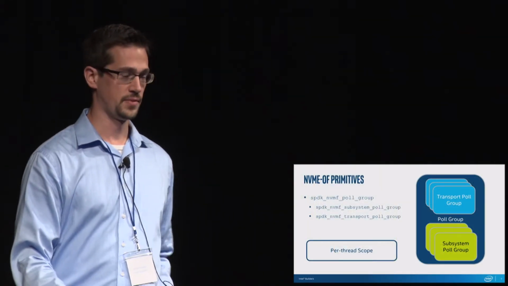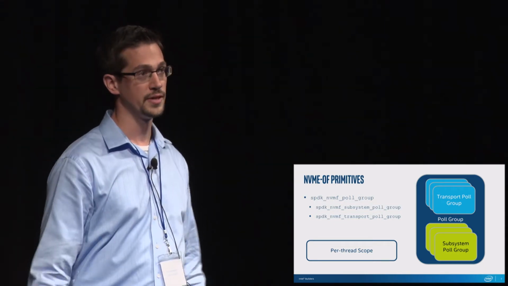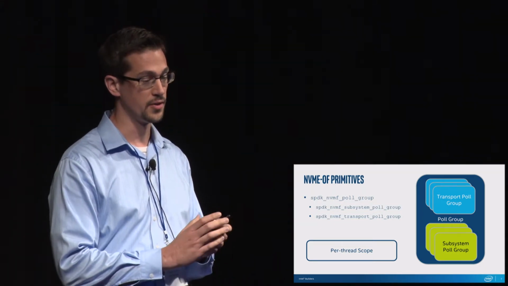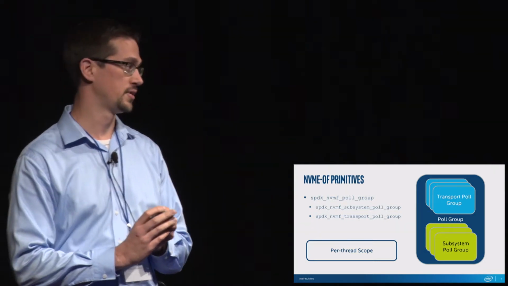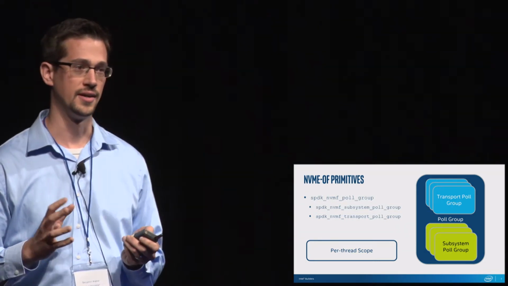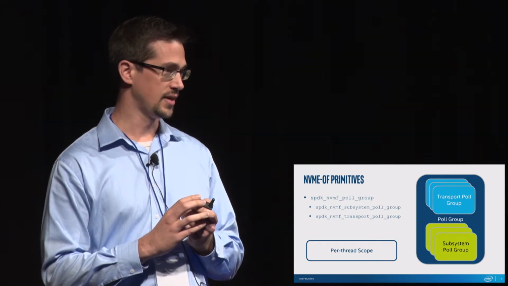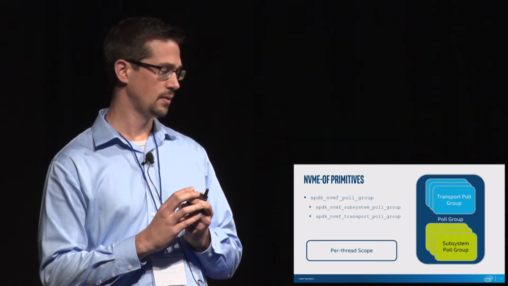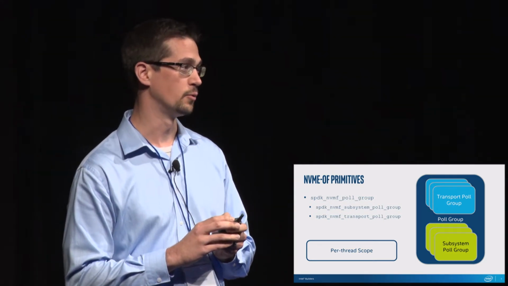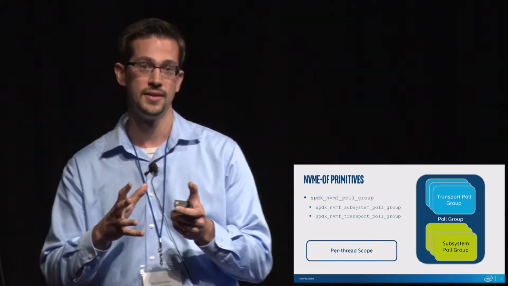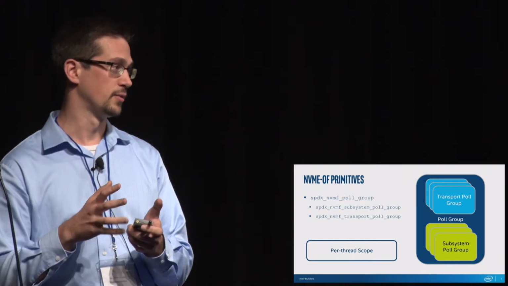So in addition to the 3 top-level global primitives, there are another set of things in SPDK called poll groups. This is really what's new in the last year. A poll group is a set of objects that have per thread scope. You create a poll group on a thread, and then you can only use it from that thread forever.